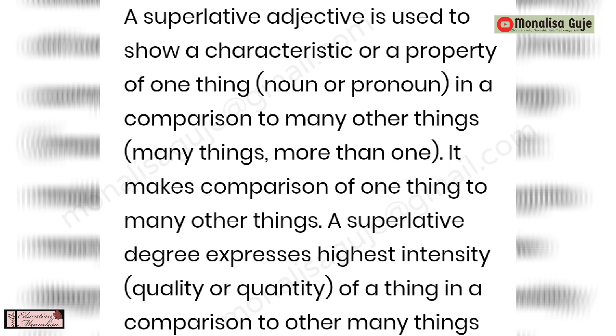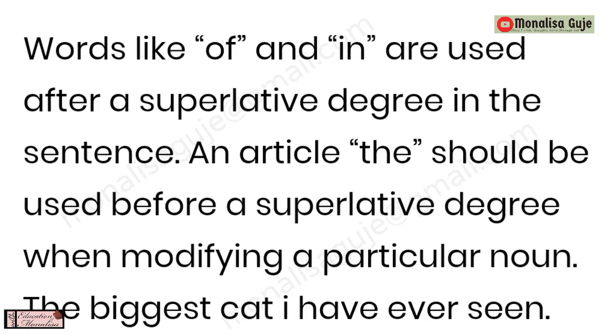So let's write down the examples of superlative adjectives also. If you have any doubt, you can always ask me, but don't get confused. Keep in mind, positive is for 1, comparative for 2, superlative for 3. In superlative, words like of and in are used after the superlative degree in the sentence.